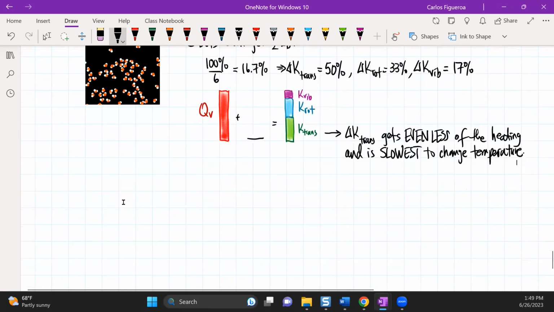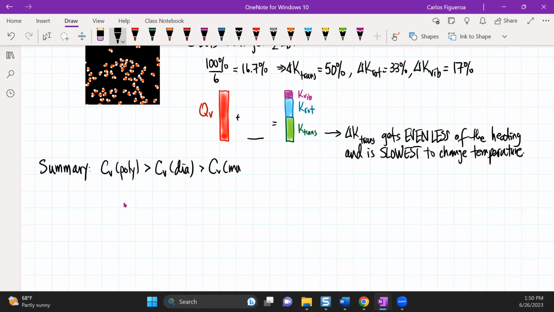So when I put this all together, I could now say, in summary, what am I seeing? In summary, I see that CV of polyatomic is the largest. CV of diatomic follows.